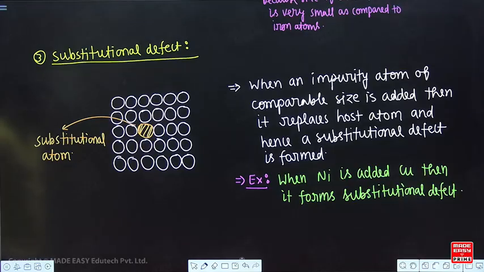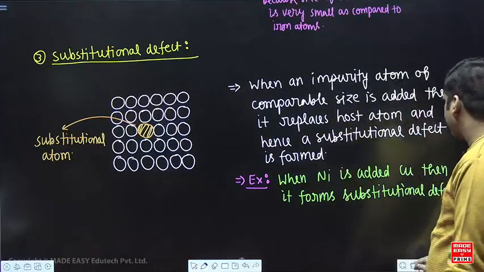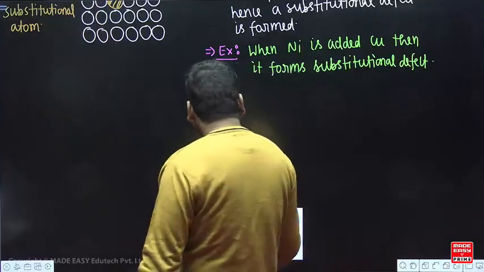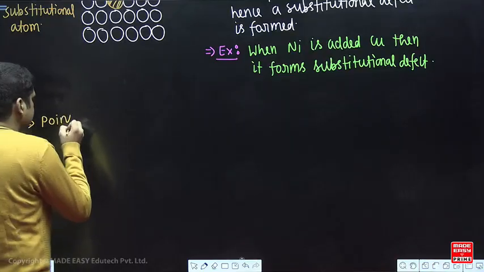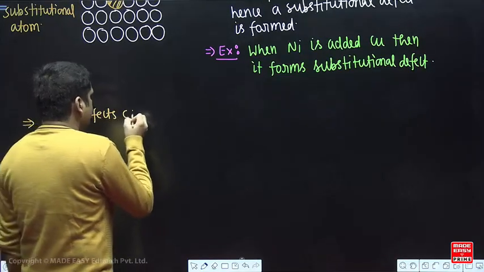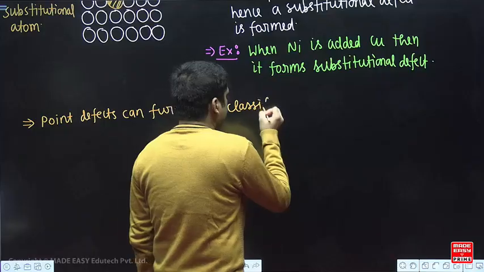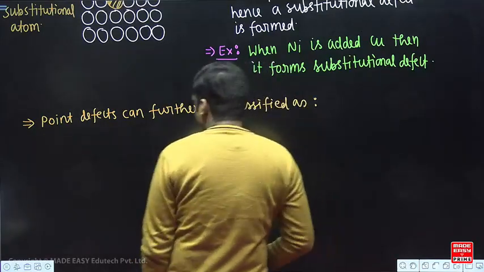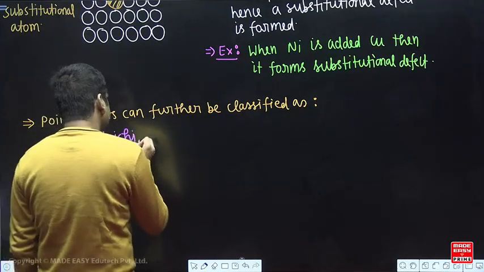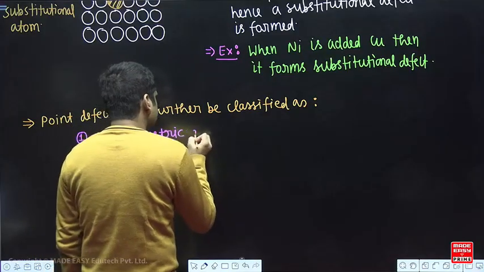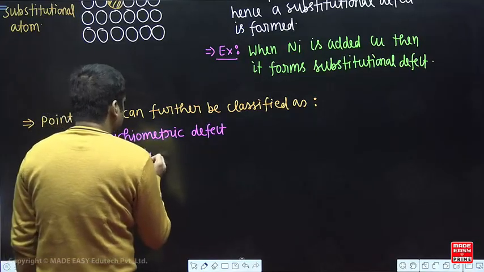Point defects can further be classified as, first one is stoichiometric defect, and the second one is non-stoichiometric defect.